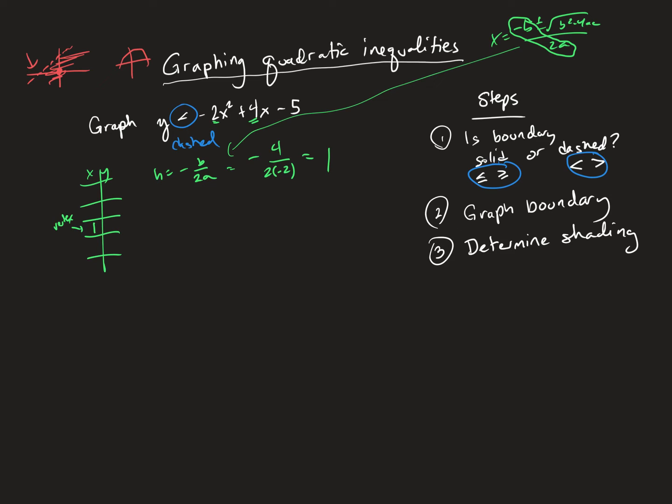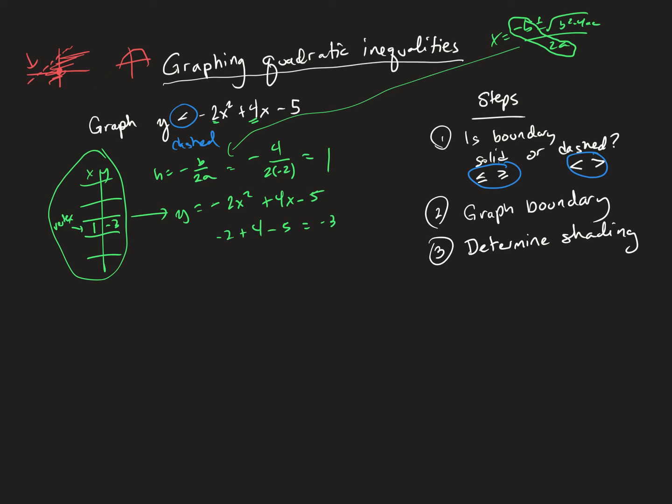Now, by the way, the boundary itself is sort of like when y equals this stuff; the inequality part comes in when you're trying to shade. So when you're trying to make your t-chart, you can treat this as if it's the equation and then worry about the inequality when you're trying to shade. So I'm going to plug 1 in. Negative 2 times 1 squared is negative 2, plus 4 times 1, minus 5. I think I get negative 3.